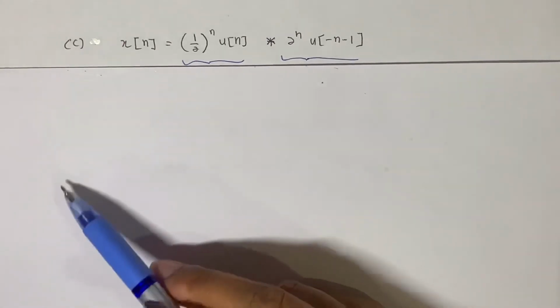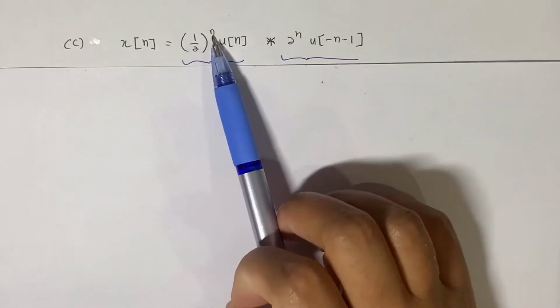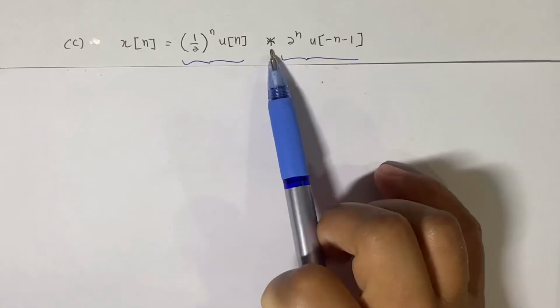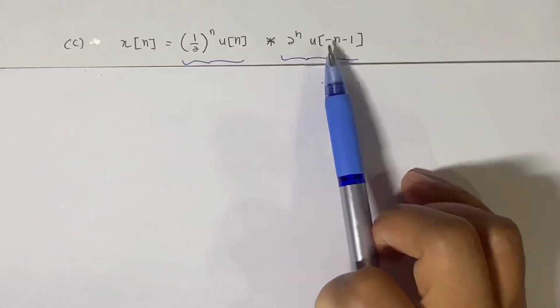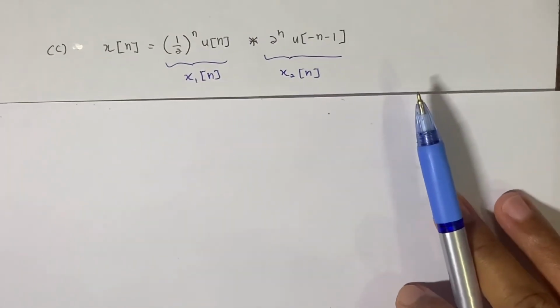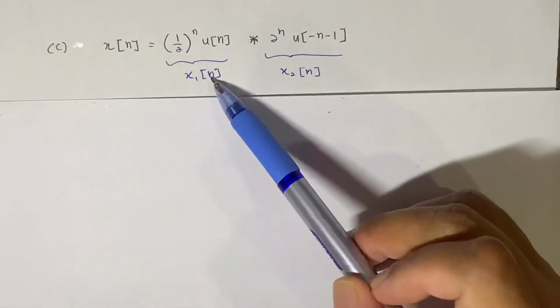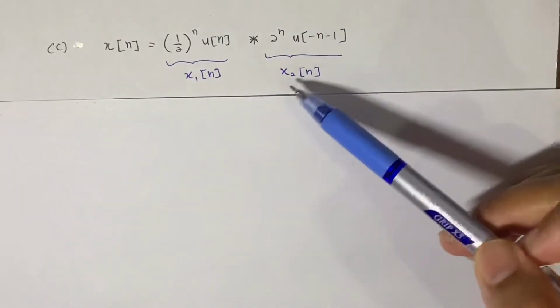Now the example for part C. Given the x[n] signal, 1 over 2 to the power of n u[n], convolution with 2 to the power of n u[negative n negative 1]. Assume that this function is x1[n] and this function is x2[n].